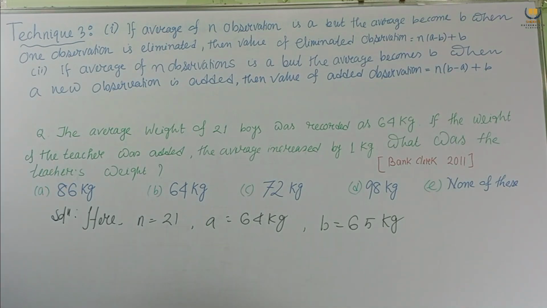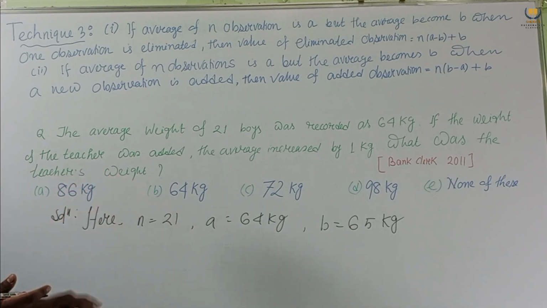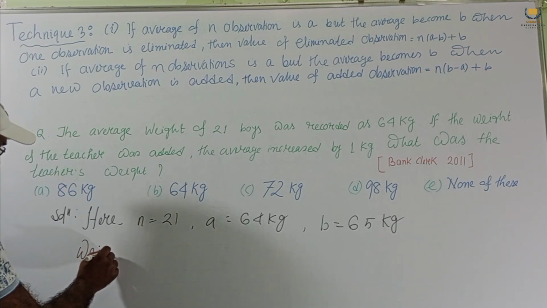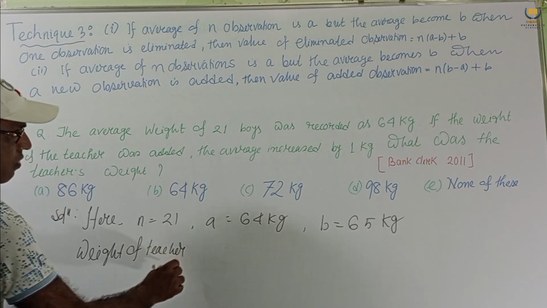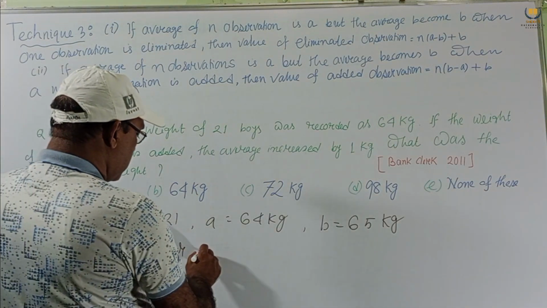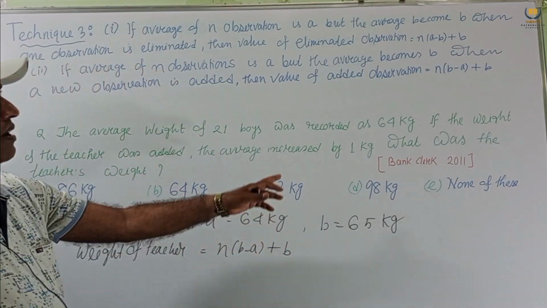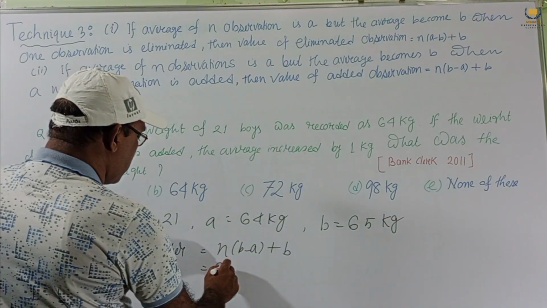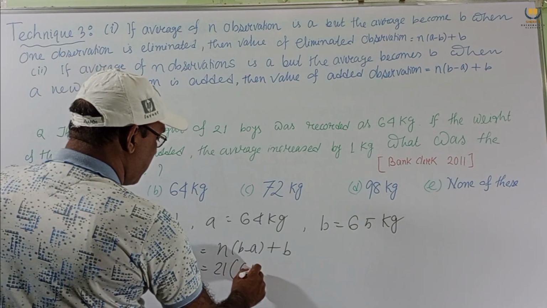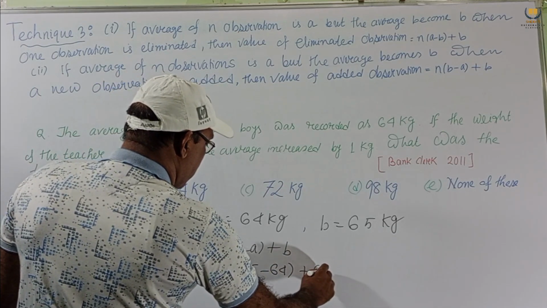Now our requirement is to find the weight of the teacher. The weight of the teacher equals n into (b minus a) plus b, because we are adding one teacher, so b comes first. Here n is 21, b is 65, a is 64, and b is 65.